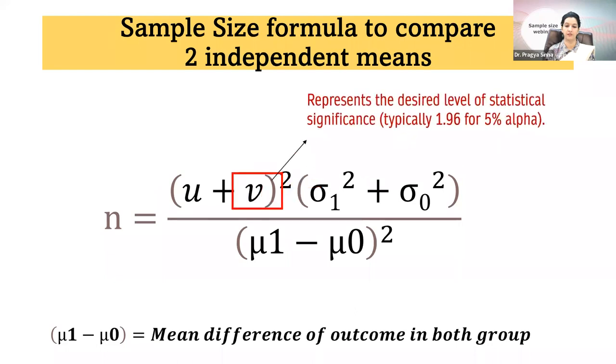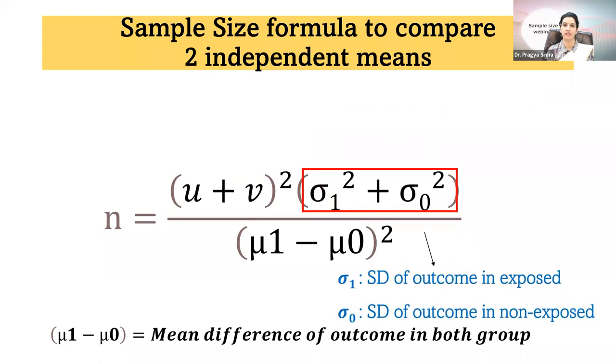Then we have this V. It represents the desired level of statistical significance, and its value is 1.96 for 5% alpha. So this (U plus V) square will be a fixed number if you are fixing the alpha and beta, that means at 80% PAR and 5% alpha error. This sigma 1 square plus sigma 0 square is the standard deviation in the exposed and the standard deviation in the non-exposed.